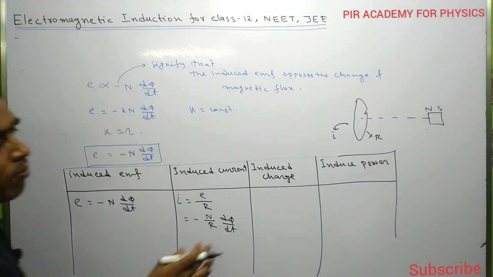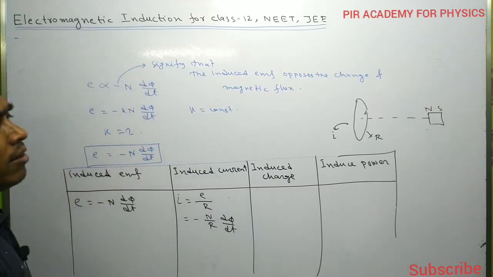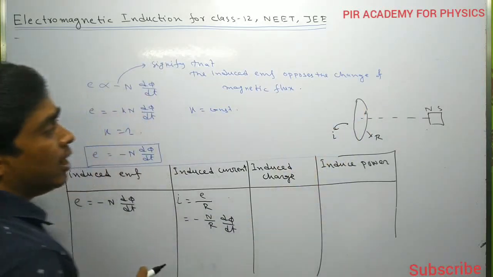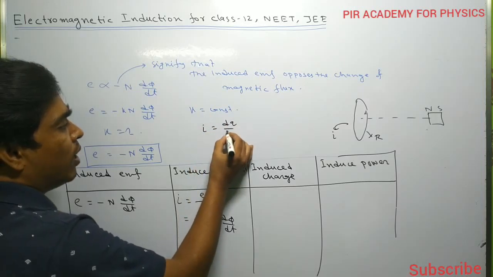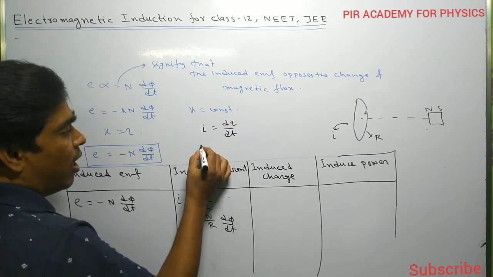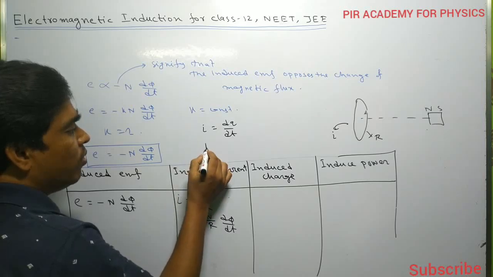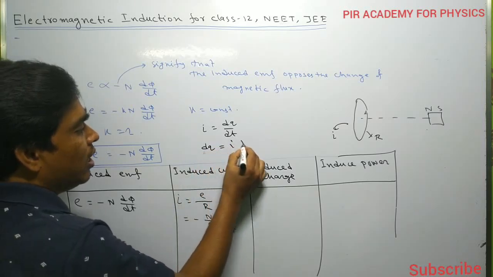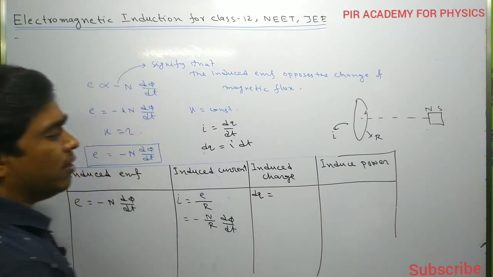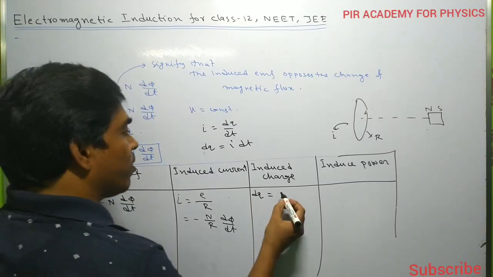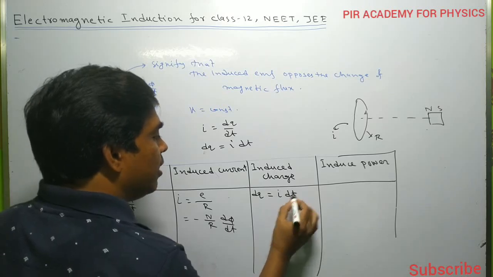Now you have to find out the induced charge on this loop. Here we know I equals dq by dt. That means dq equals I dt. So the induced charge dq will be I dt.